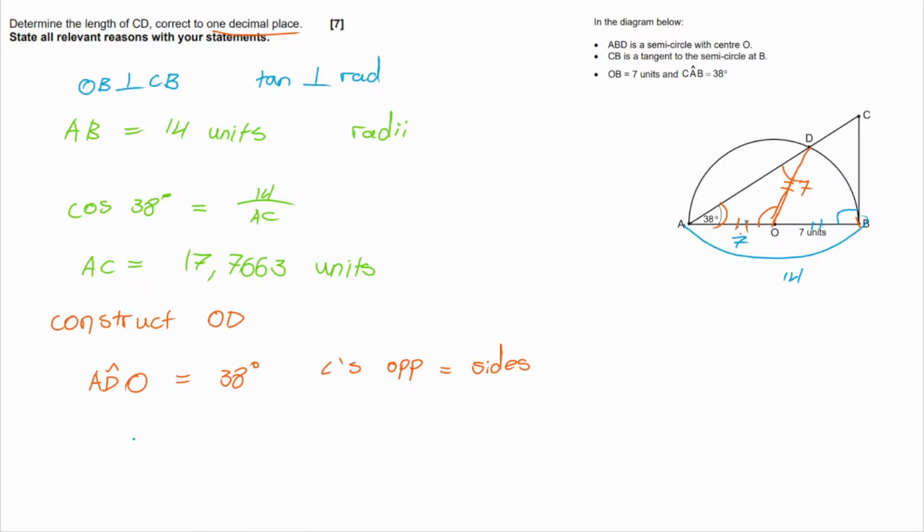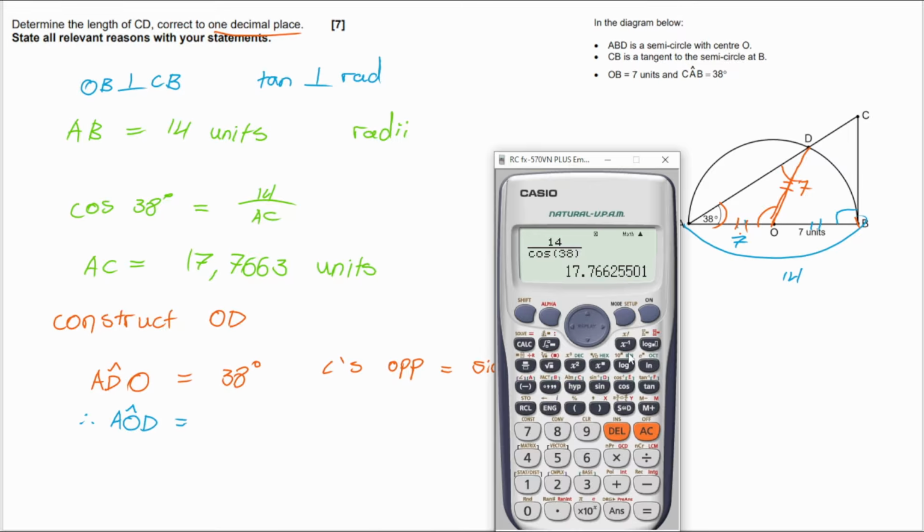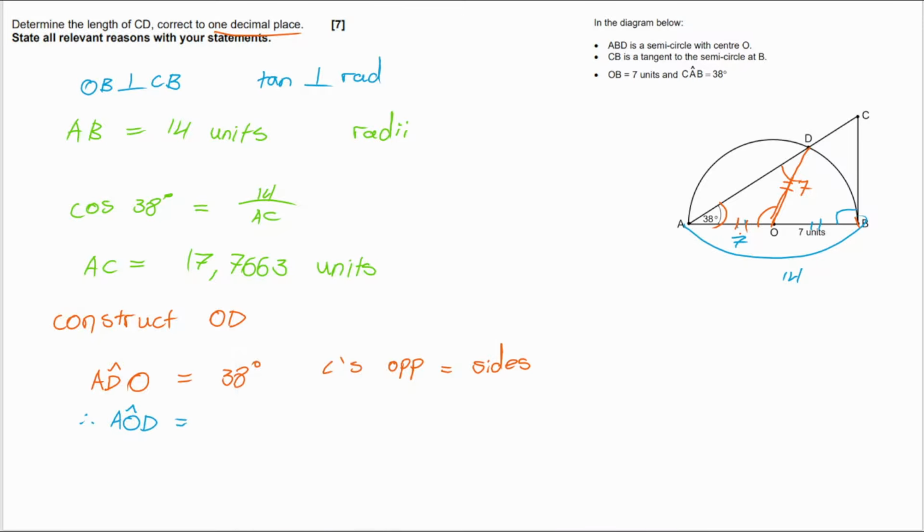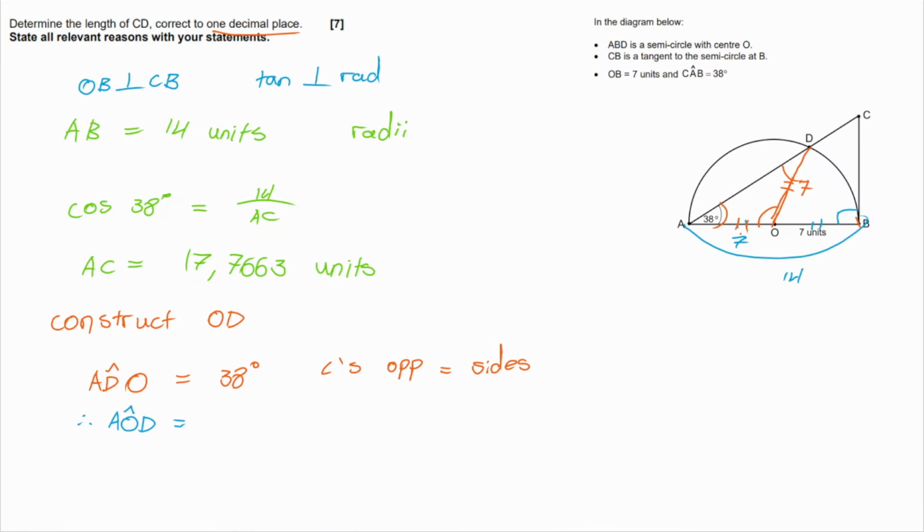So what we can say now is that AOD is equal to 180 degrees minus 2 times 38 degrees, which is 104. So AOD is 104 degrees because of angles in a triangle.